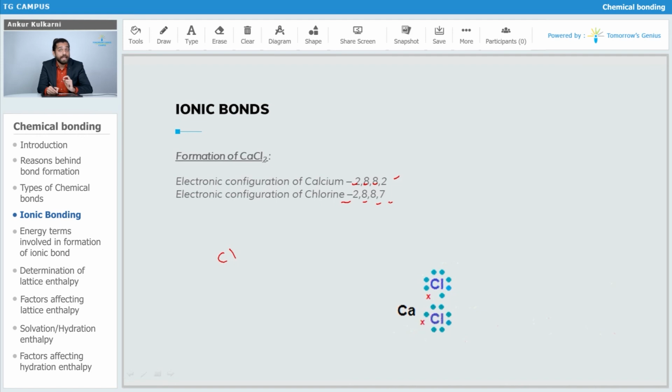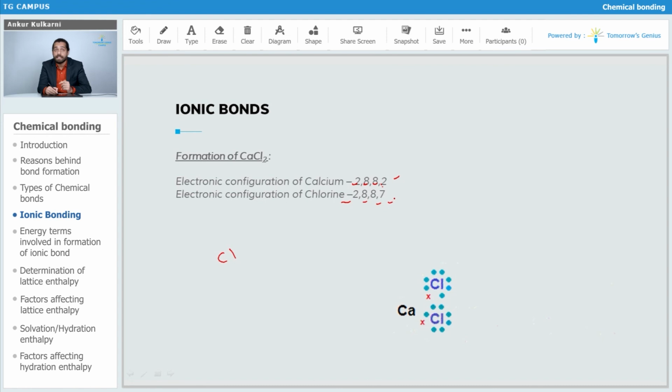Now here calcium has 2 valence electrons and chlorine has 7 valence electrons. So it is easier for calcium to donate 2 electrons, and it is easier for chlorine to accept 1 electron. But if calcium donates 2 electrons, chlorine has the capacity to accept only 1 electron. Correct?